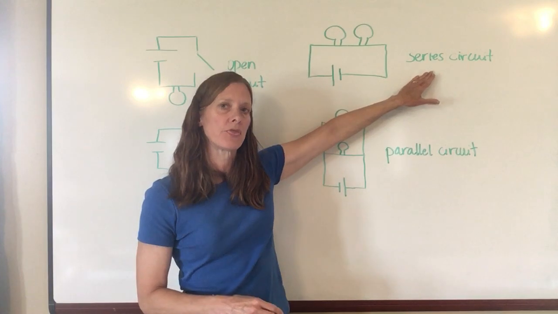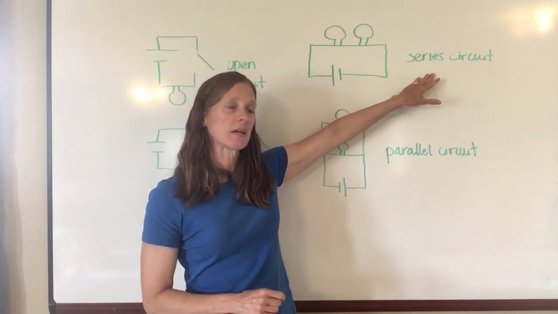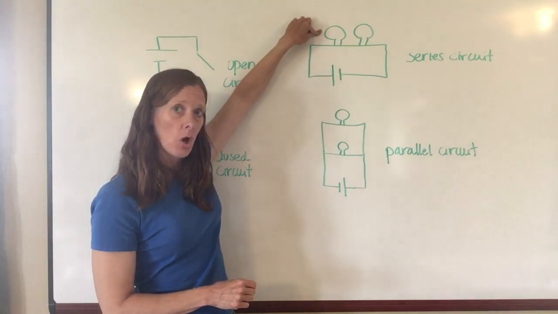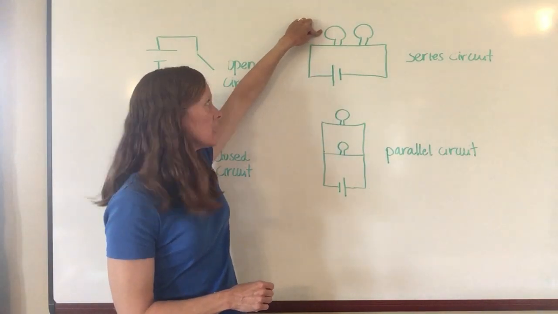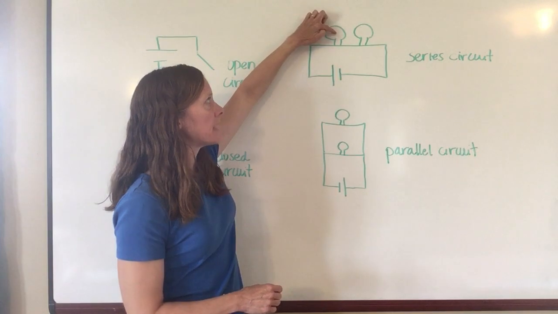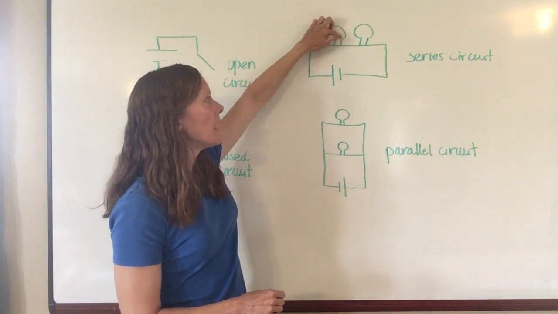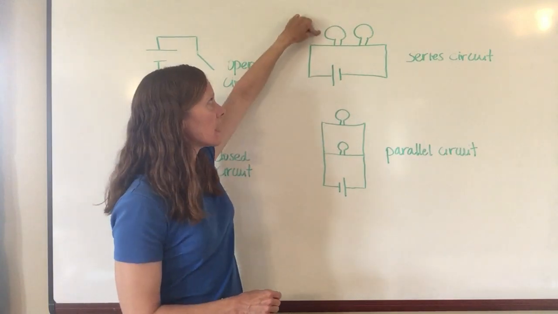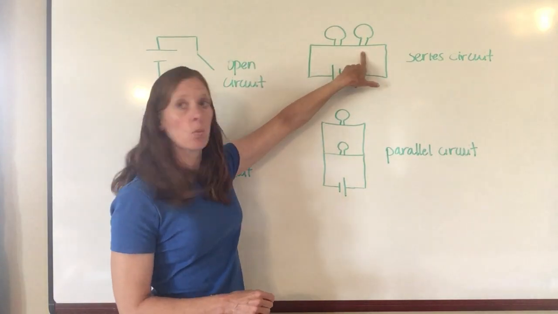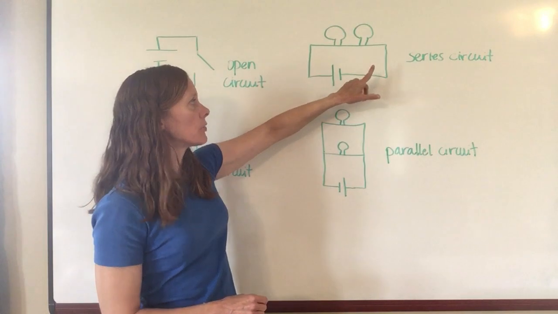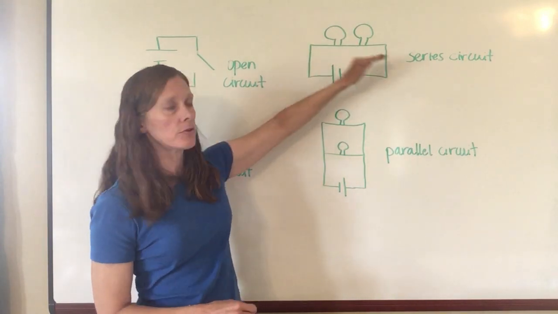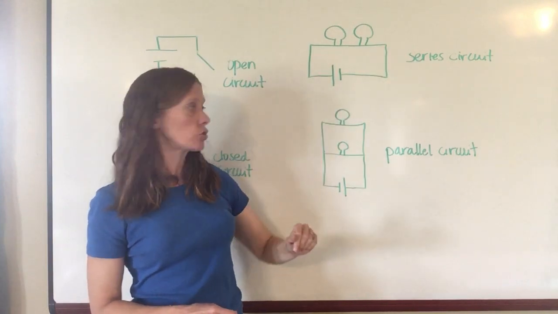Now, the problem with this type of circuit is that if one of these light bulbs burns out or something otherwise goes wrong with it, then if this light bulb can't have current running through it, that means it's going to break the current for the whole circuit. So if this light bulb is broken, this one won't work either. And so that's one problem with the series circuit, is that unless all the light bulbs are working, none of them are going to work.